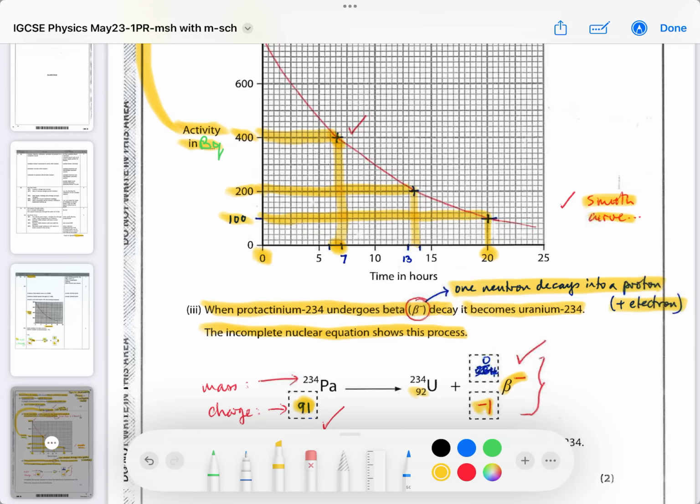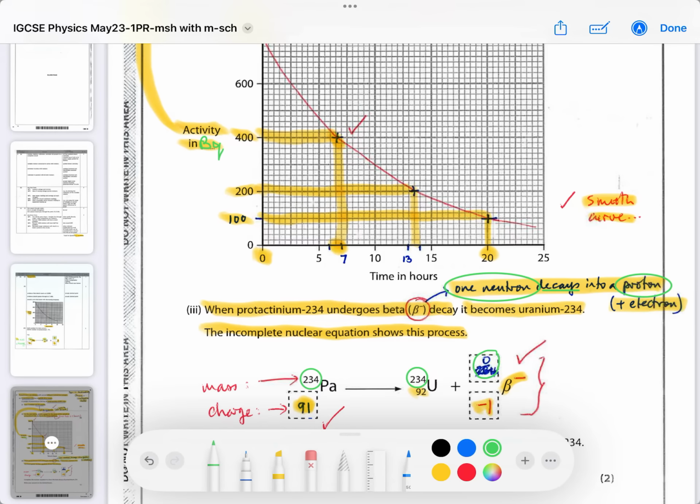So basically the proton number has increased by 1 because, remember, one neutron decays into a proton. So proton number goes up by 1, neutron number goes down by 1, but that means the total mass doesn't change because neutrons and protons to 0 decimal places have exactly the same mass.